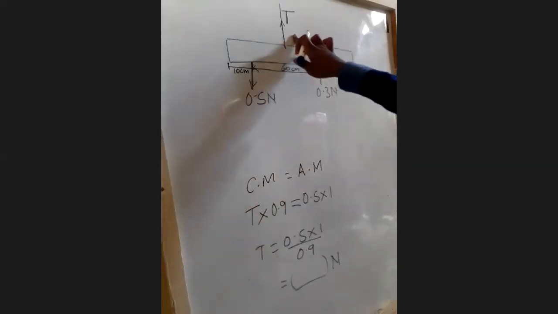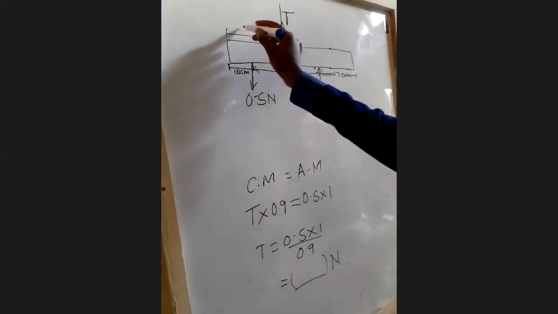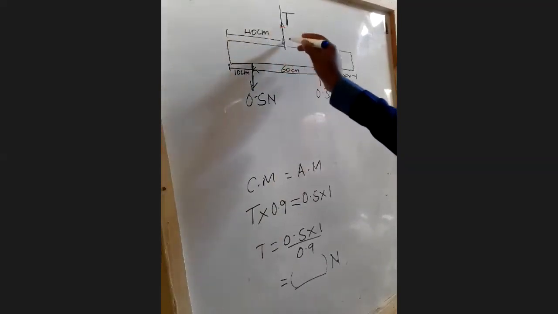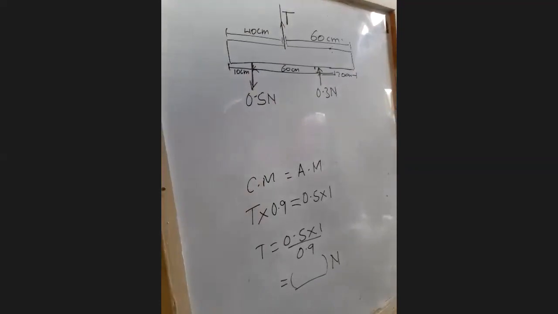Now we have this force here, which is acting from this side. It is at 40 centimeter, and at this point, it is 60 centimeter. Now we have such a case, and we are looking for the force T, or the tension T for the moment.